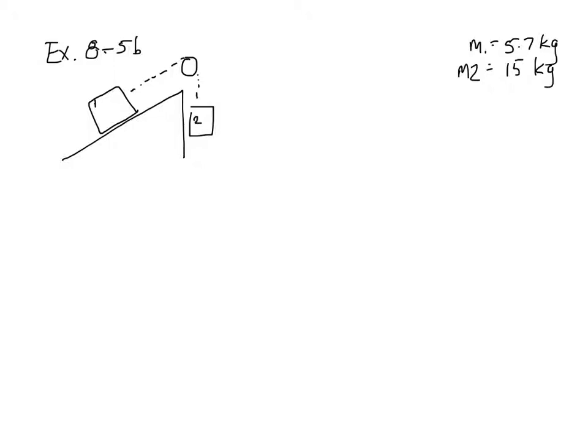And the question is, which way is it going to go? Is it going to rotate that way, or is it going to go that way? So, clockwise or counterclockwise? We don't know. And the other part of that is, whatever direction it does go, what's the acceleration of the system going to be?